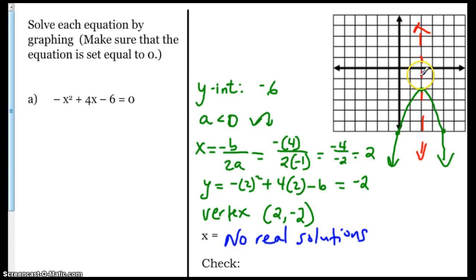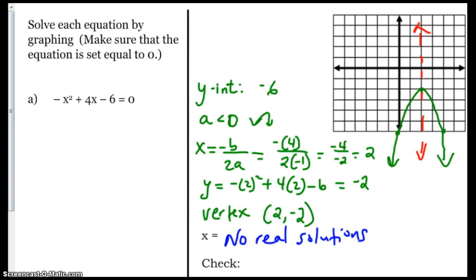Then you know your vertex is somewhere along this line, so you take that value of 2 for x and substitute it into your equation to find your y value, which would be -2. So your vertex is at (2, -2). Then you plot your points, use your knowledge of symmetry to find a third point, and graph your parabola. Since your parabola is going down and the vertex is below, you have no real solutions for A.